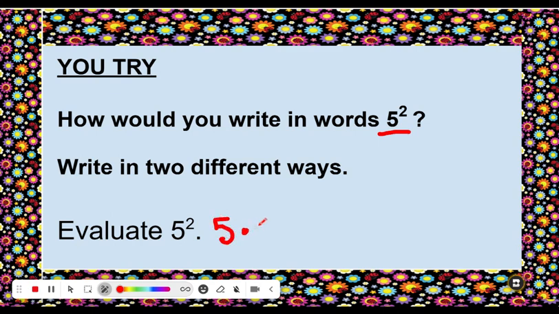So we're going to write 5 2 times, multiply it, 5 times 5, and we know 5 times 5 is 25. So if they ask you to evaluate, that just means to solve. What is 5 squared? Write it out first, 5 times 5, which equals 25.